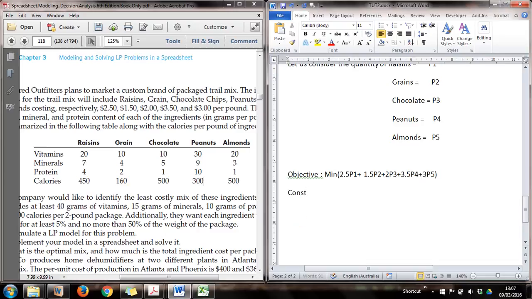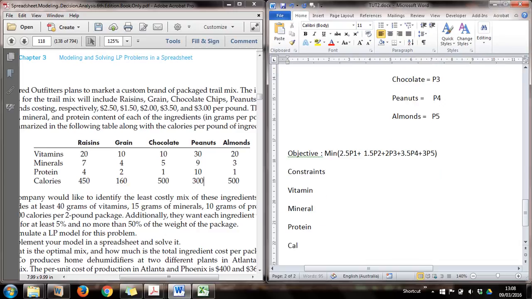And what are the constraints? One is the vitamin constraint, one would be the mineral constraint, another would be protein, and the third one is calories.